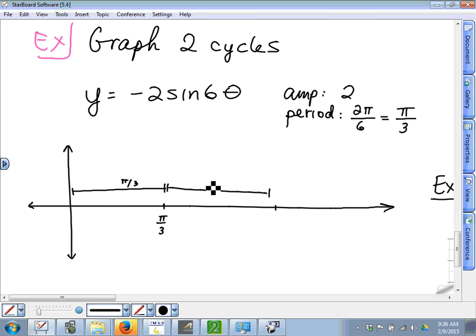So if this is pi thirds, that's another pi thirds. What's pi thirds plus pi thirds? 2 pi thirds. Each cycle has a length of pi thirds, so if you add pi thirds and pi thirds, you get 2 pi thirds.